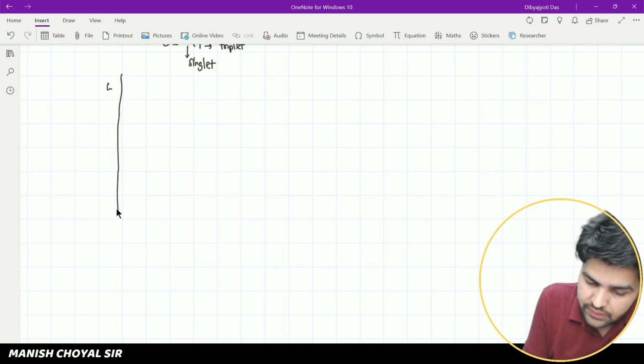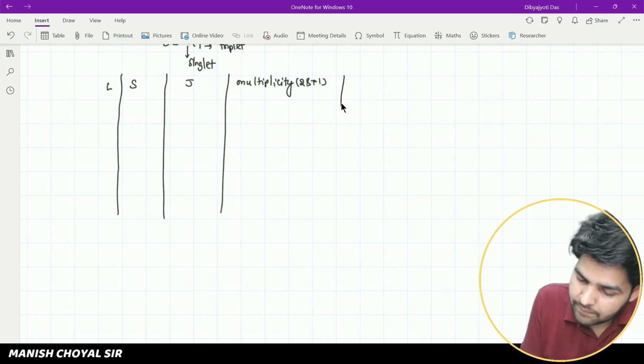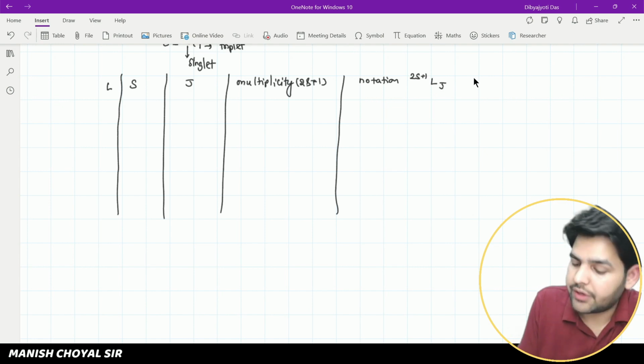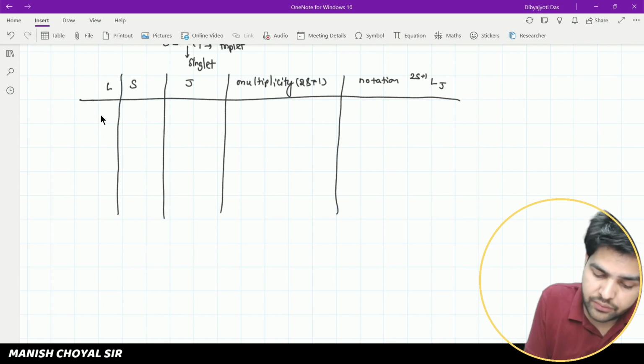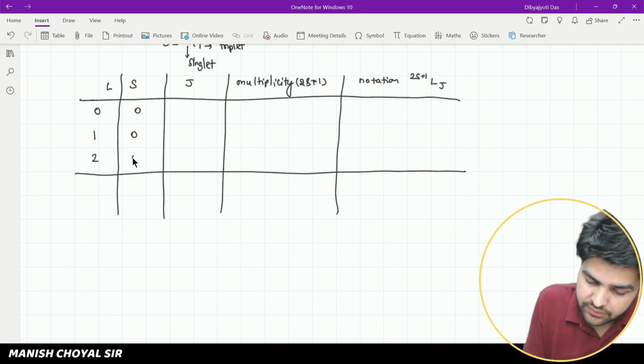L values, then S values, then J, then multiplicity which is 2S plus 1, then notation which is 2S plus 1, capital L and J. So the possible L values, which are 0, 1 and 2, corresponding to spin 0, singlet state.